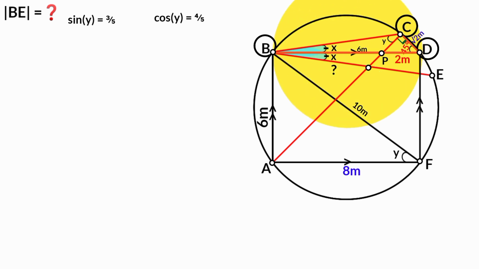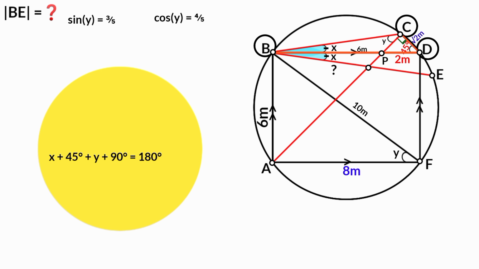Now look at this triangle BCD. We have the size of this angle to be x. This angle is 45 degrees, while this is y plus 90 degrees. The sum we know will be equal to 180 degrees. So x plus 45 degrees plus y plus 90 degrees equal to 180 degrees.